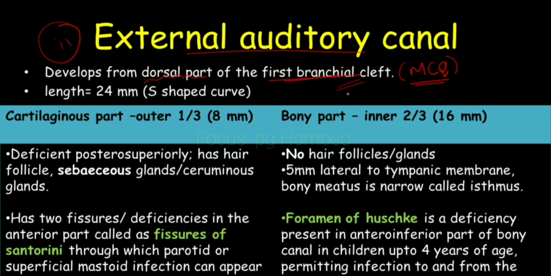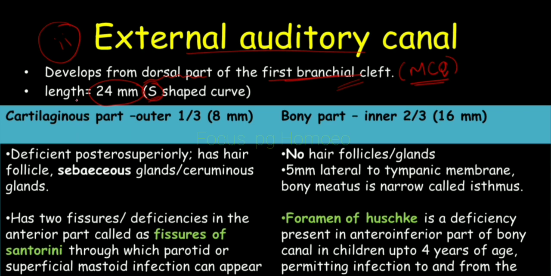You should know what parts develop from them. The external auditory canal is 24 millimeter and S shaped. Whenever you are examining it, as you might have seen in the OPDs, you have to pull it above and outwardly so that the S-shaped curve is easily visible.